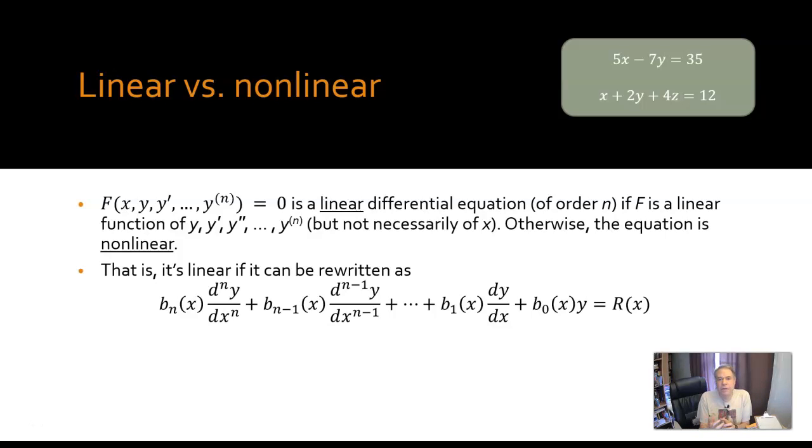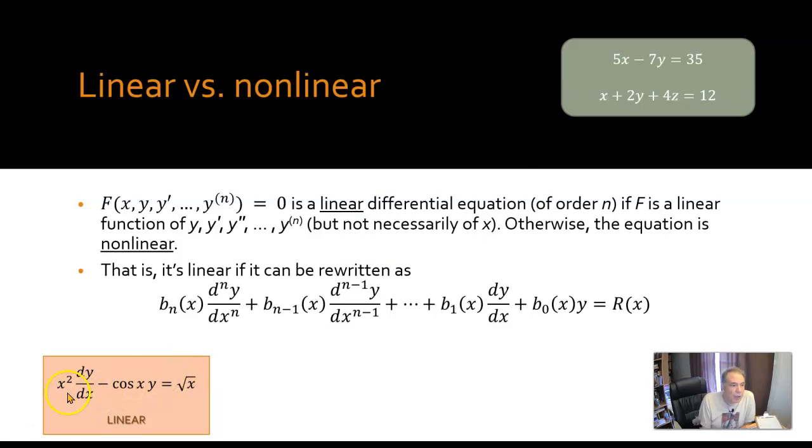They just can't involve the dependent variable. They can't involve y or any of its derivatives. So for a linear differential equation, there can't be anything going on with y and y prime and so on like being squared or cubed or multiplied together or anything like that.